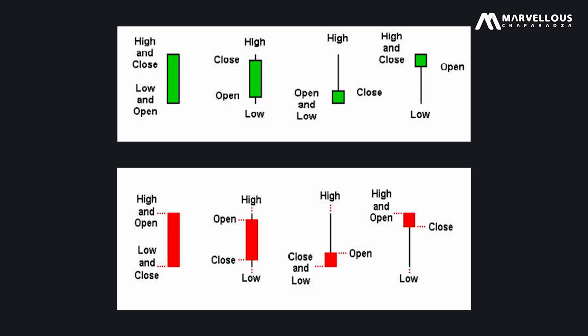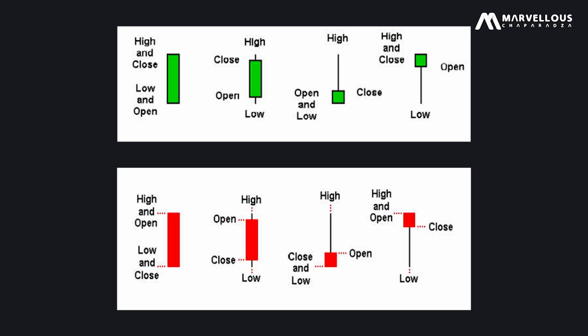So these different shapes of the candlesticks imply different price movements. For example, these big green or red candlesticks, the full ones that do not have a tail or a wick, or you might want to call it a shadow, they indicate strong movement in their respective directions.